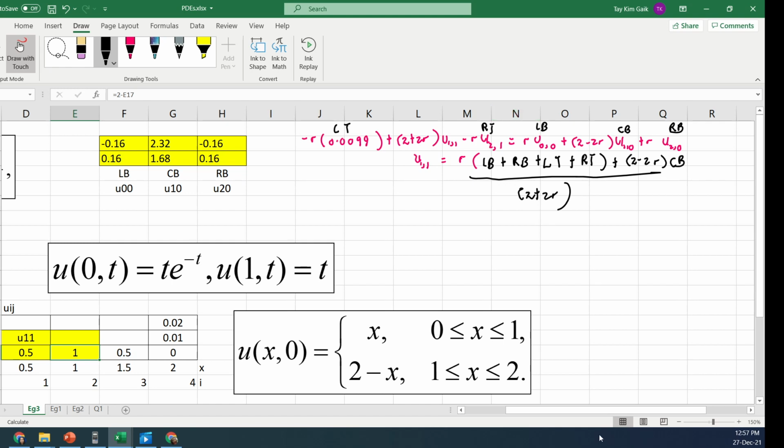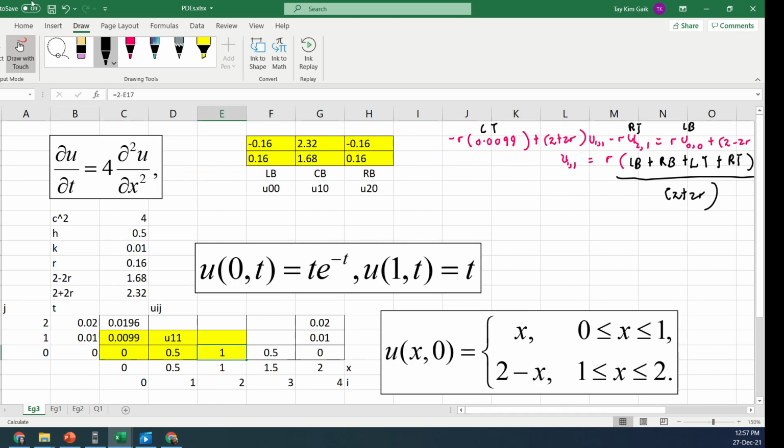I'm going to key it in here. We have a bracket. R is here, so make sure you make it constant.